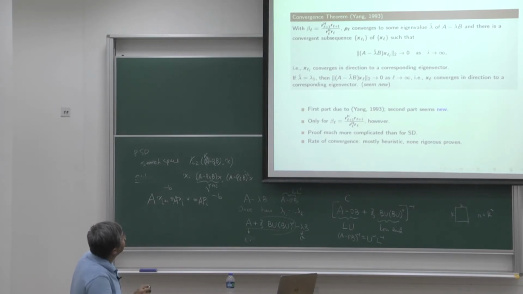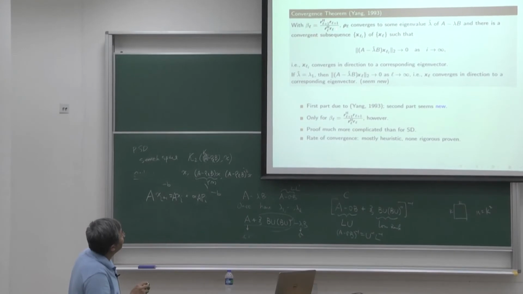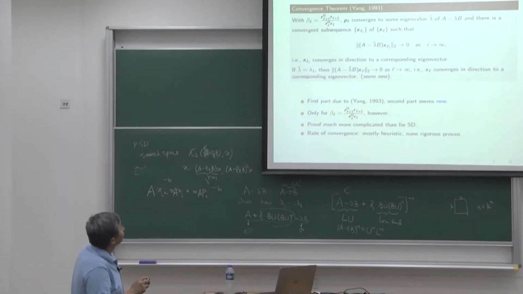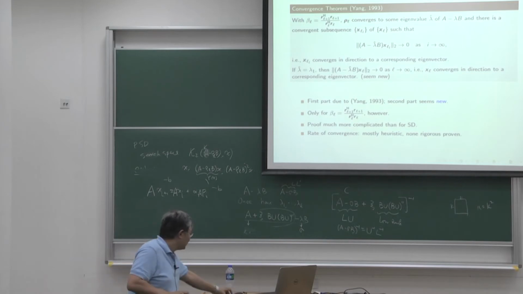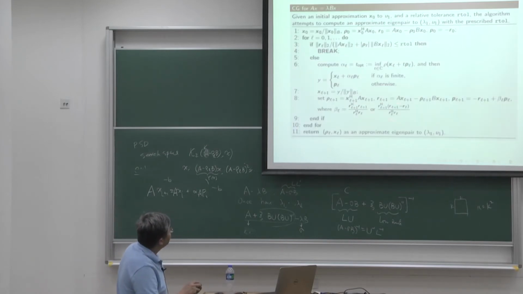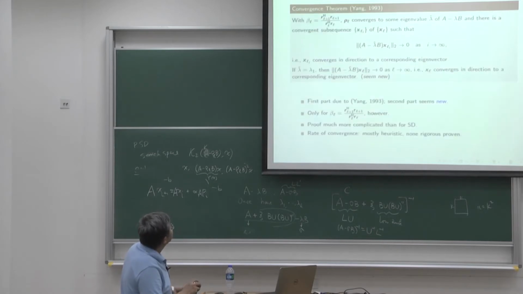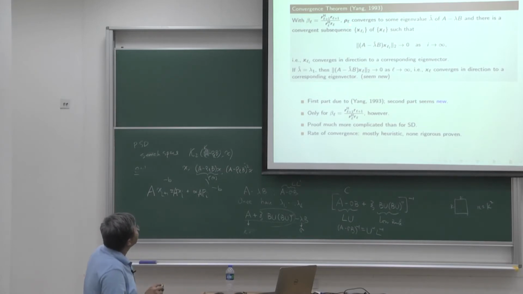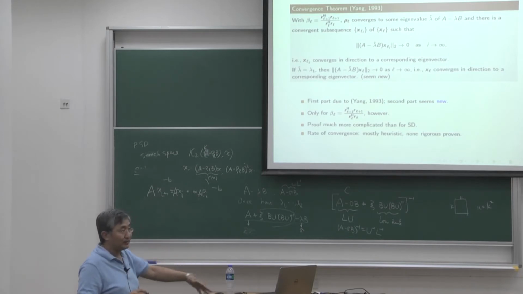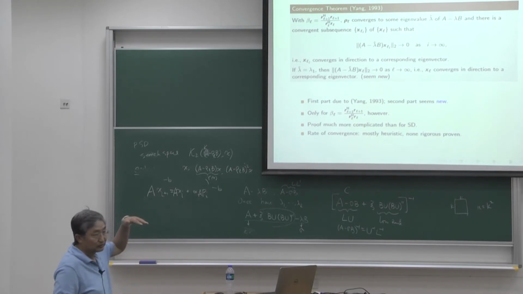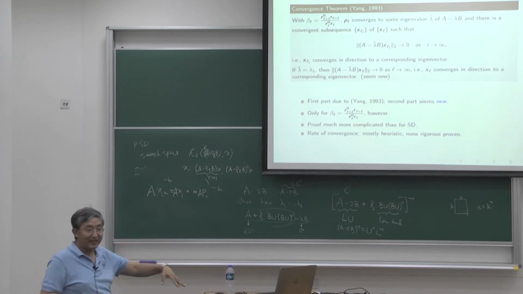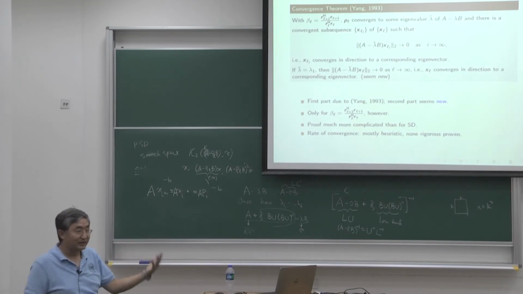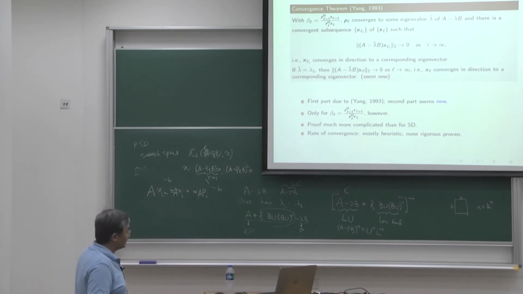He proved that if you use this choice for beta L, this rho L always converges to some eigenvalue. This is typically true because rho L is going down, bounded from below, so by calculus the monotone sequence is going to converge to an eigenvalue.